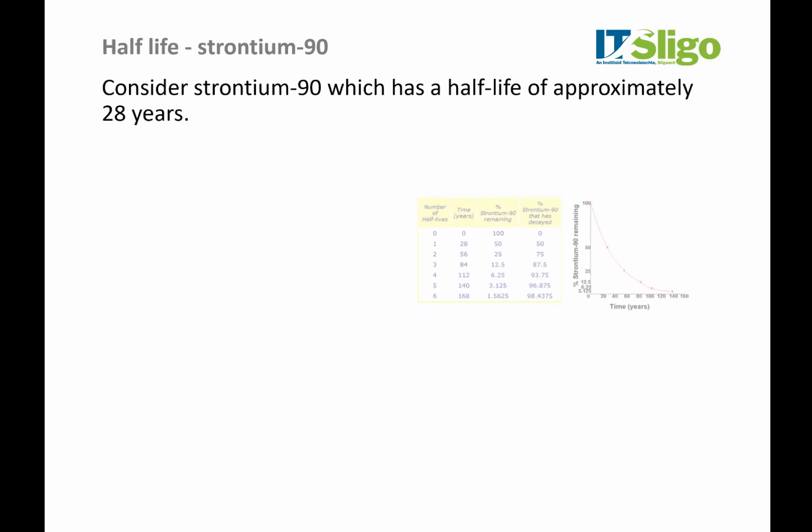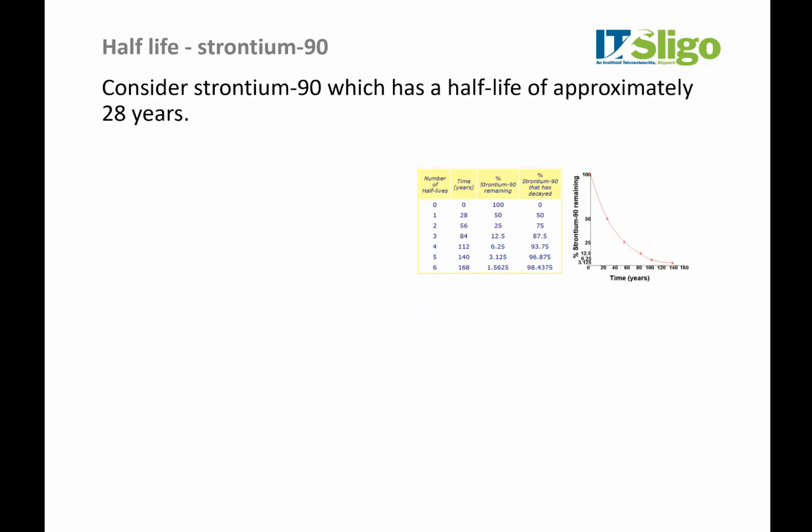Here we're told about, like I said, many radioactive materials, their half-life is kind of common knowledge. So strontium-90 has a half-life of 28 years, and here's its typical curve. This is the maths we were doing on earlier slides. How many half-lives have we gone along? This is your x-axis, just the x-axis in time. So both of these are your x-axis on the left.